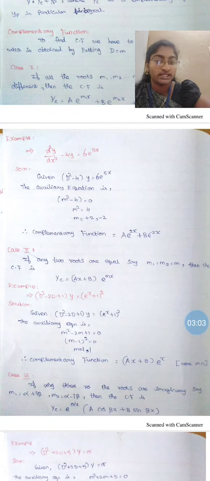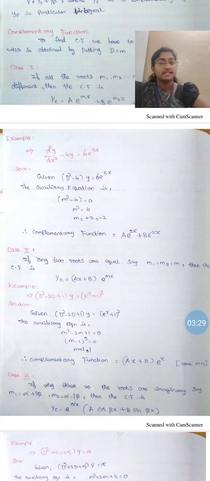Bring the 4 to the other side, so it becomes plus 4. Taking the square root on both sides, we get m = +2, -2. Both are different, so the complementary function is yc = a e^(2x) + b e^(-2x). This is our case 1.